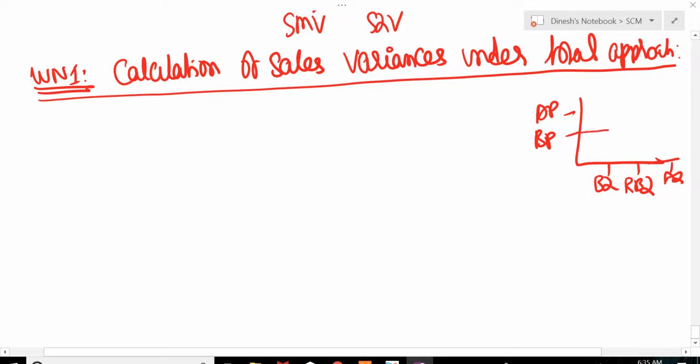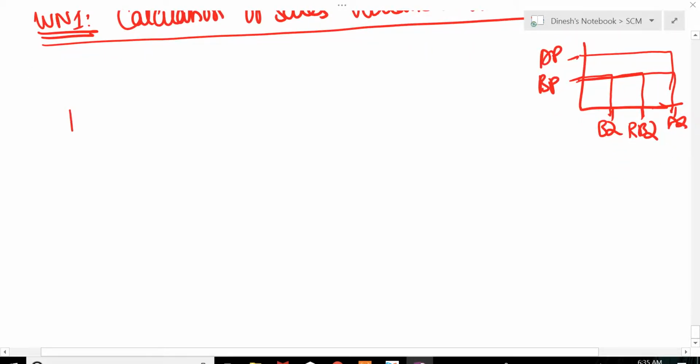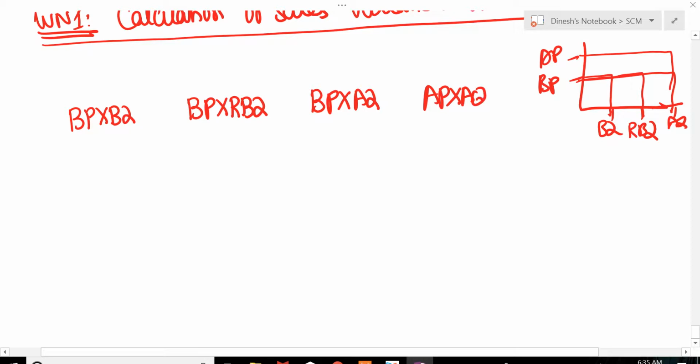So the computation table was BP into BQ, BP into RBQ, BP into AQ, and finally AP into AQ. So open these 4 columns.